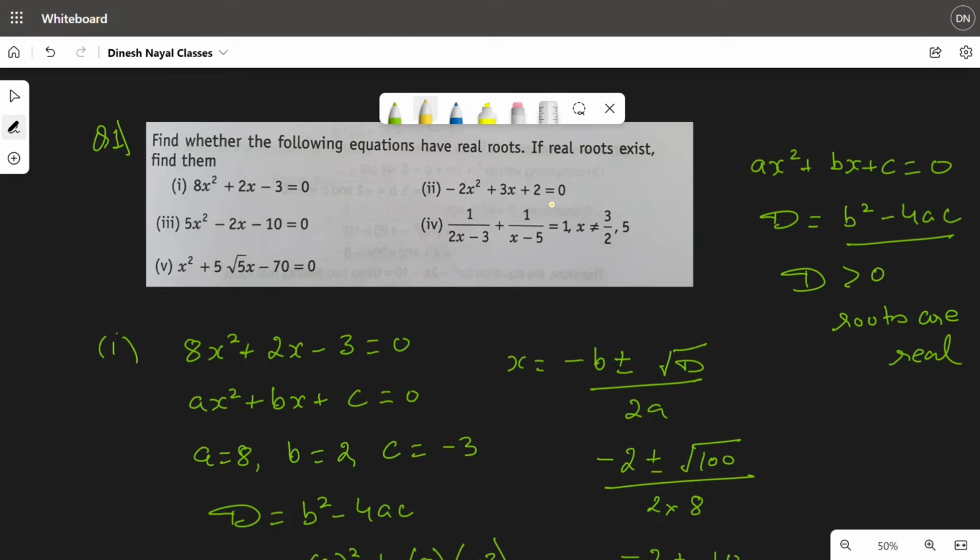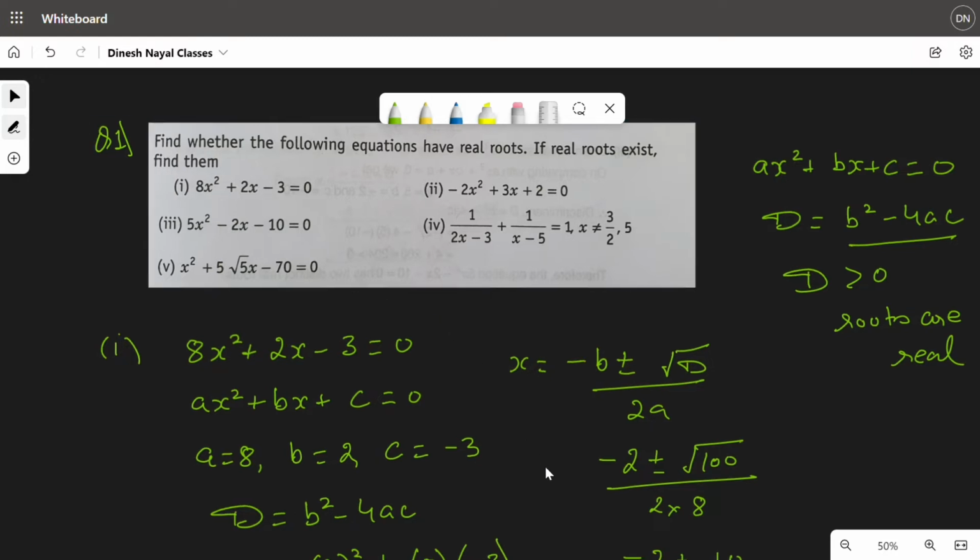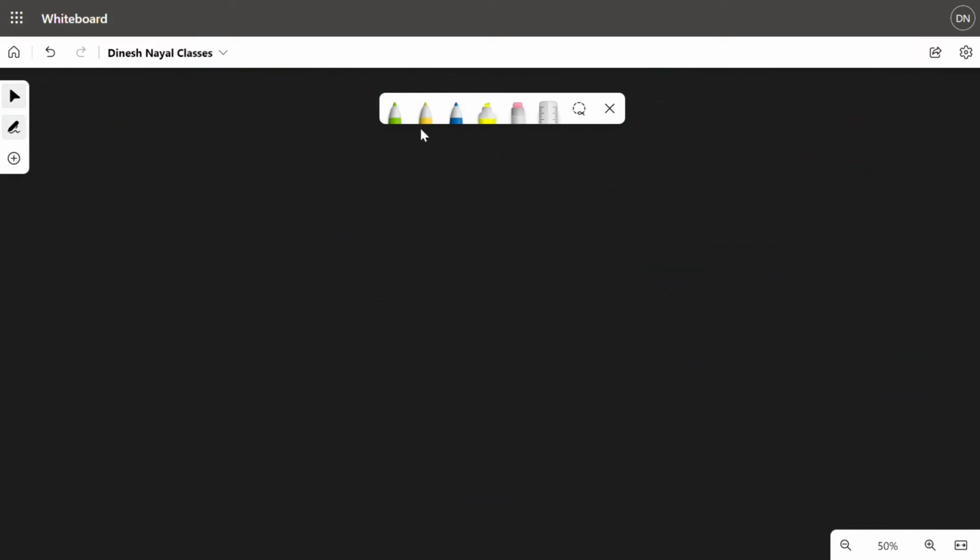Solving it over here, we write minus 2x square plus 3x plus 2 equals 0. Again on comparing with the standard equation ax square plus bx plus c equal to 0, we get a equals minus 2, b is 3 and c is 2.